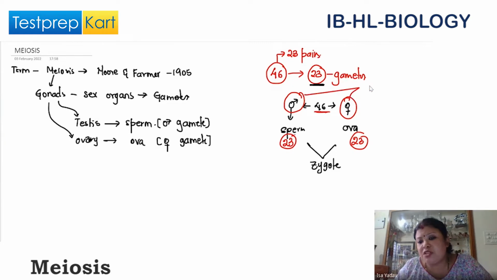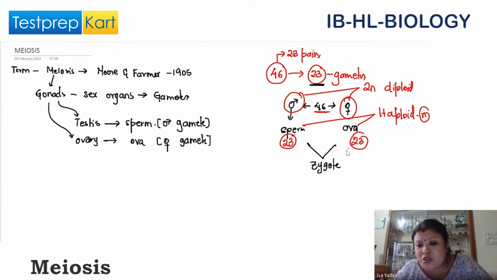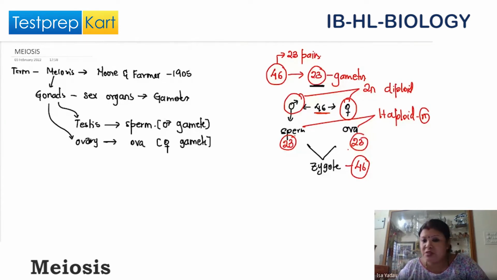These individuals are called diploid, whereas the gametes will always be haploid, n number of chromosomes. Only when we have 23 and 23, in the zygote we can have 46. So the chromosome number is maintained constant throughout. Point is clear?